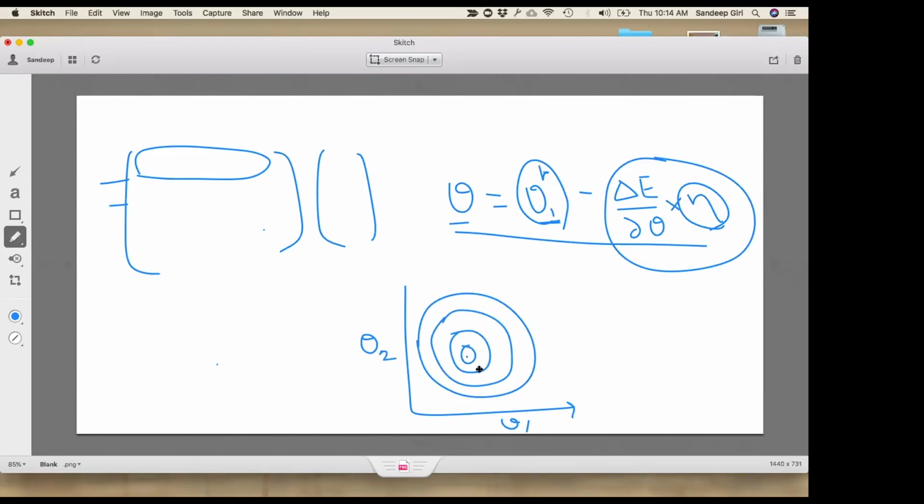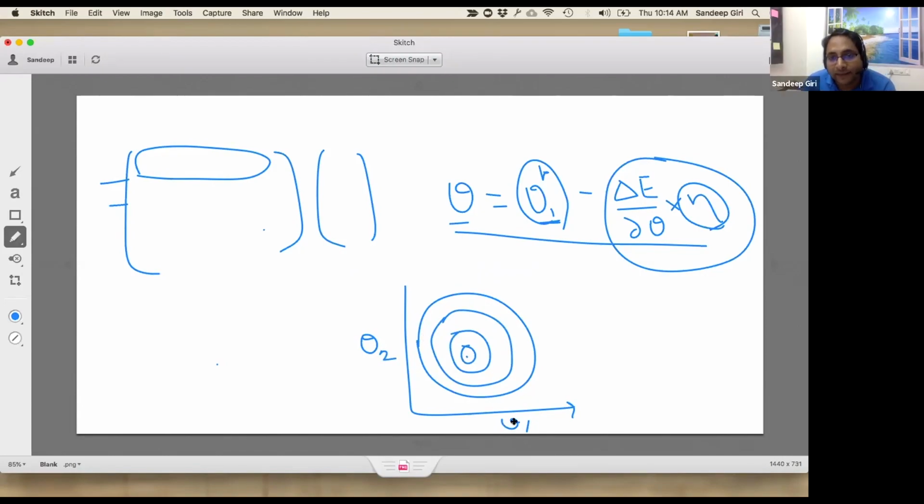Now, imagine that this bowl had, I'll talk about the multiple minimums later. I'll give the same example as just now. If you think about gradient descent, initially you will choose some theta naught, theta 1 and theta 2, some values of thetas.